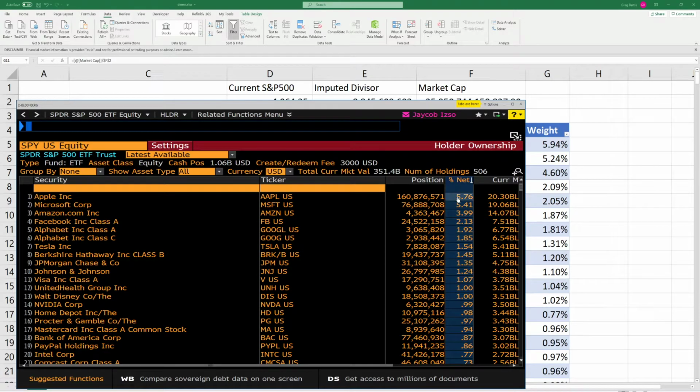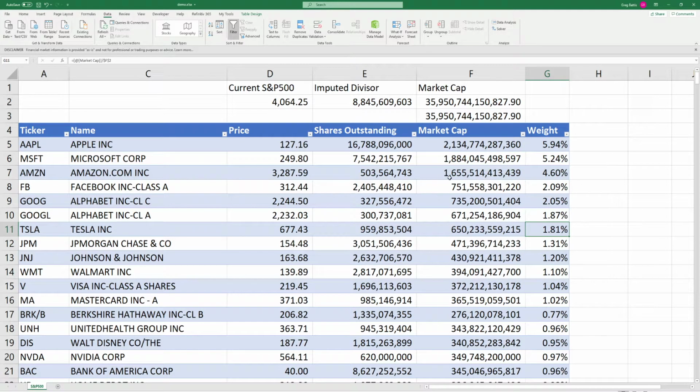But the weights are going to be very similar, and what the ETF seeks to do is track the index as closely as possible. And the difference is going to be called the tracking error, and we won't get into calculating this or anything. I just wanted to show and demonstrate that an index is actually fairly easy to calculate and do yourself, while an ETF is just a sample of the overall index set by parameters and rules.